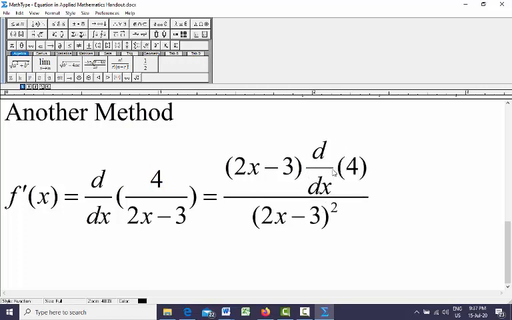We have 4 in the numerator, right? And then minus.